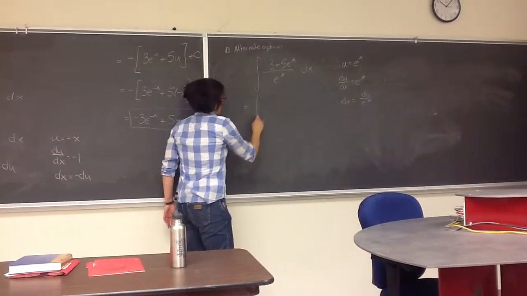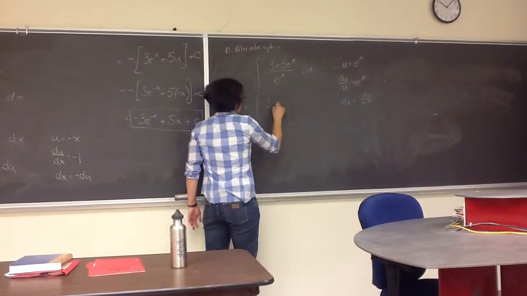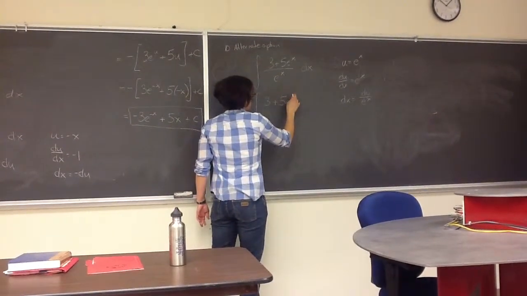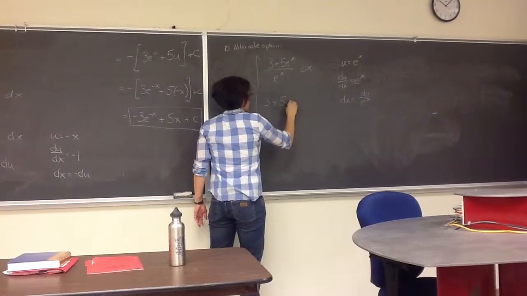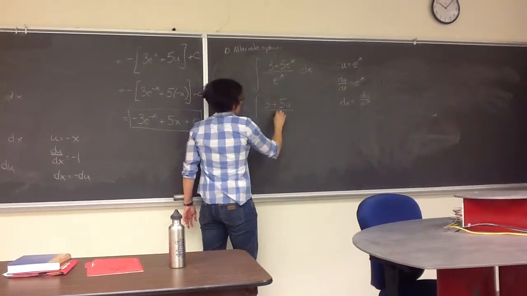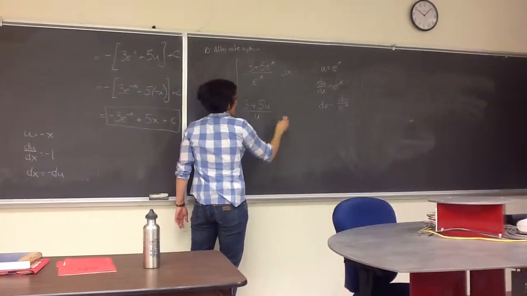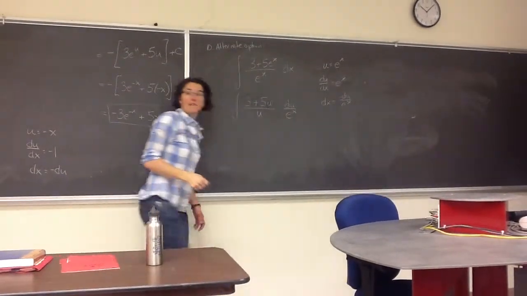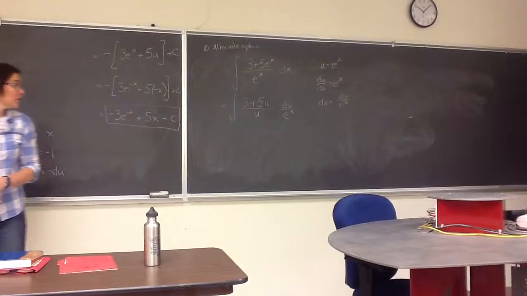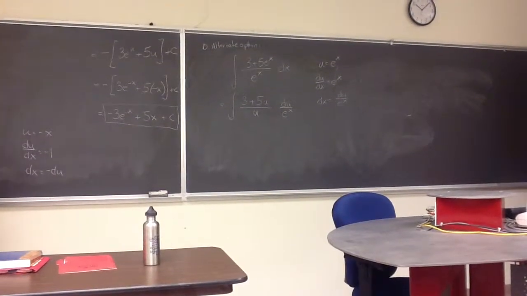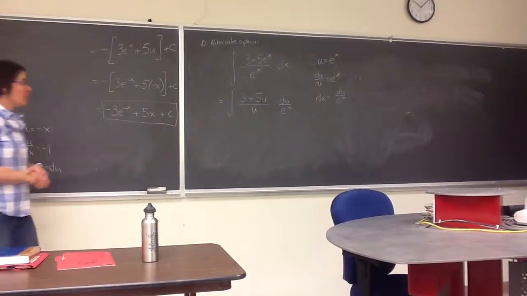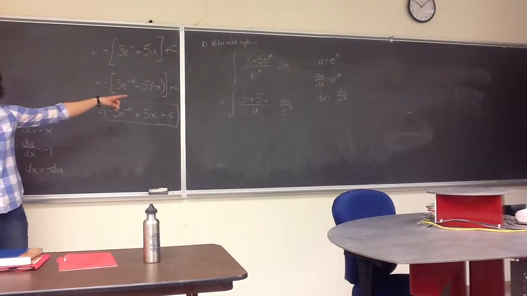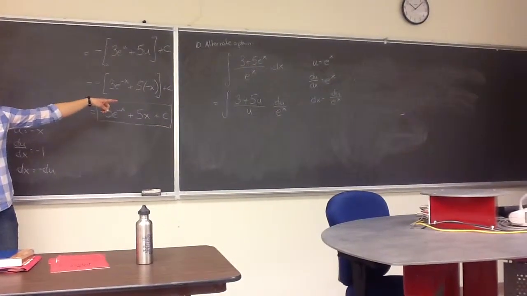And then when I come back over here, I end up with the integral of 3 plus 5 e to the x, oh, well, that's a u, over e to the x, which is a u, and then dx is du over e to the x. Okay, so at this point, I now have u's and x's, but nothing has canceled.